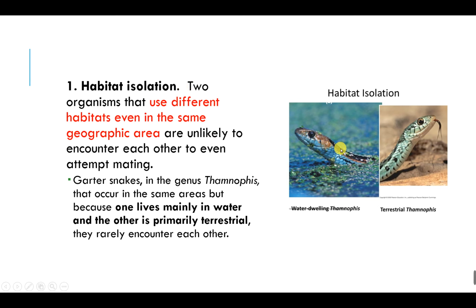In this particular example, you have 2 species of snake. One lives mainly in water, the other one on land. So they rarely encounter each other and they don't have offspring. So this prevents gene flow between these 2 populations.